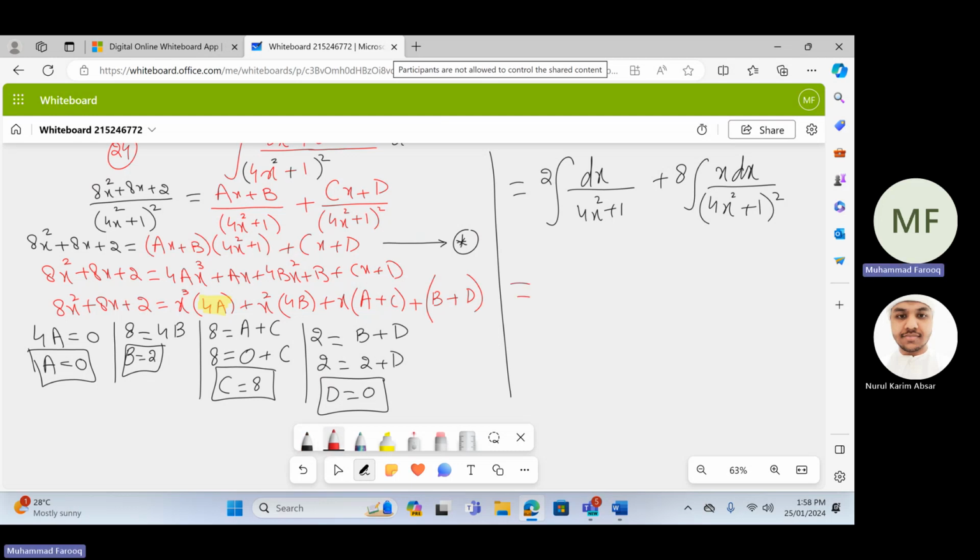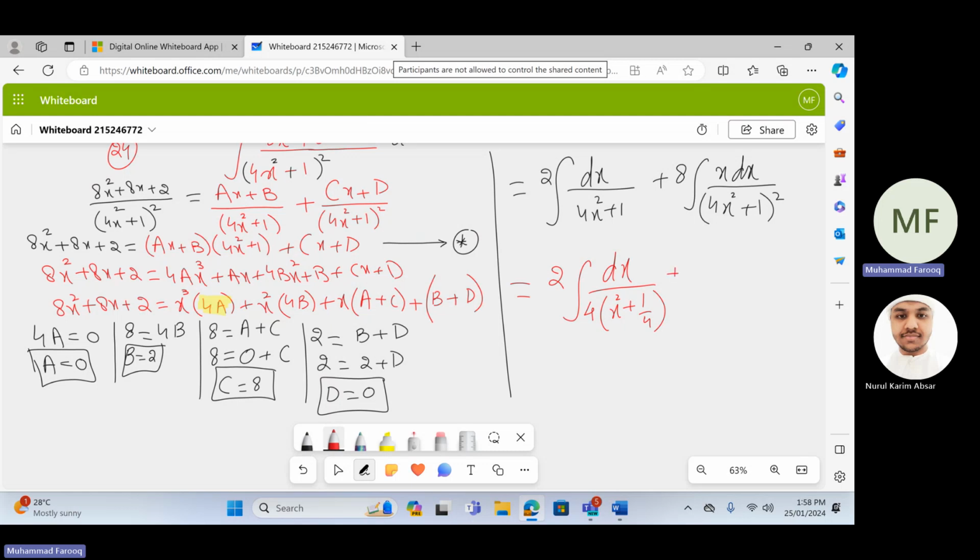Now 2 times integrate dx. Now for the sake of integration, what do we do here? Take 4 as a common factor, so you get x squared plus 1 by 4. Yes or no? Yes. You can take 4 also.